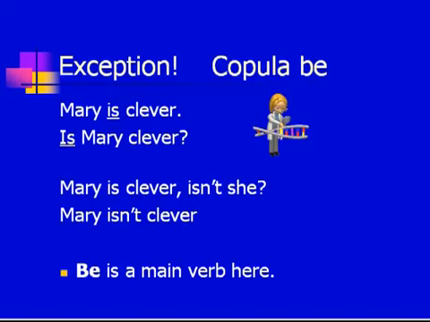Mary is clever, isn't she? You get it in the tag question. And Mary isn't clever, you get is with negation. But it is a real exception because be is a main verb here. And you can tell, of course, because there's only one verb. So keep that in mind. Copula be is an exception to the rule, but that's it. That's the only exception.